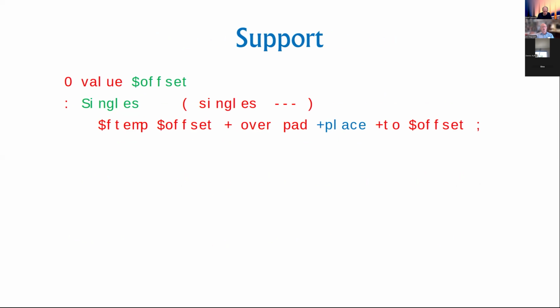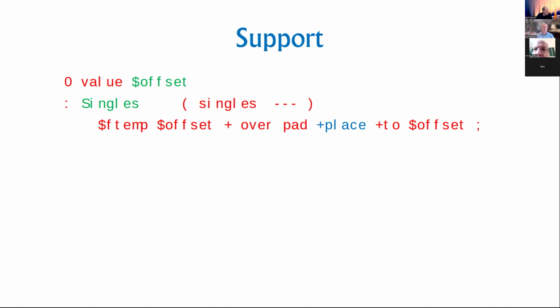So here are the support words leading up to my usage. The first is that we have a value called offset, and this gives us the byte offset to the string that we're working from. Singles copies across n number, a specific number of characters. So character by character, we can transport from the input string to the output string.